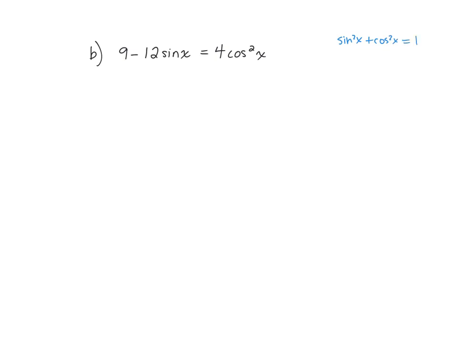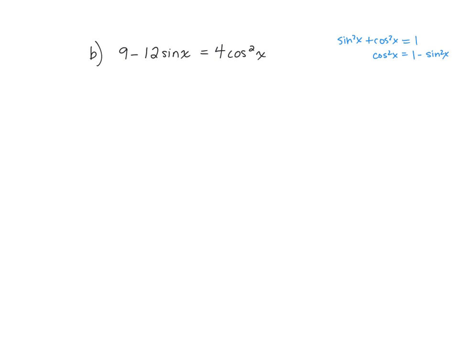So if I were to rearrange that, I know that cos squared x is equal to 1 minus sine squared x. I have no trig identity just for a sine x, right? There's nothing that I have there that's going to allow me to work with that. So instead, I recognize I have a cos squared x. I can change that.